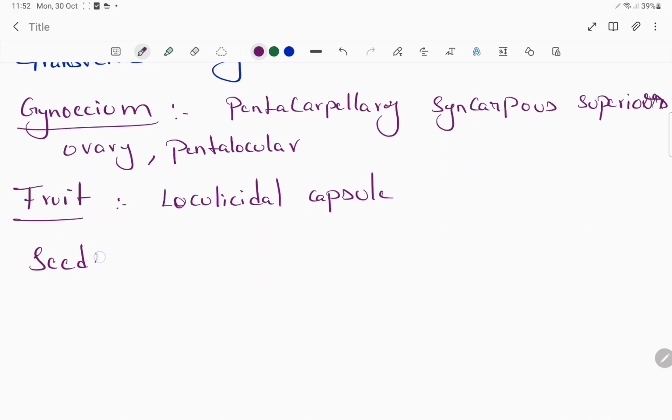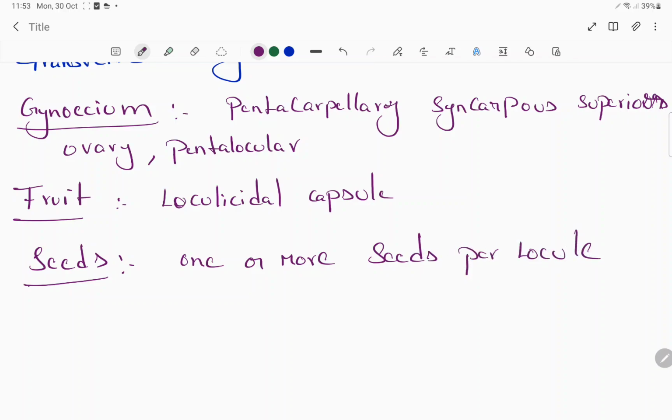Seeds: one or more seeds per locule. Exalbuminous, with curved embryo.